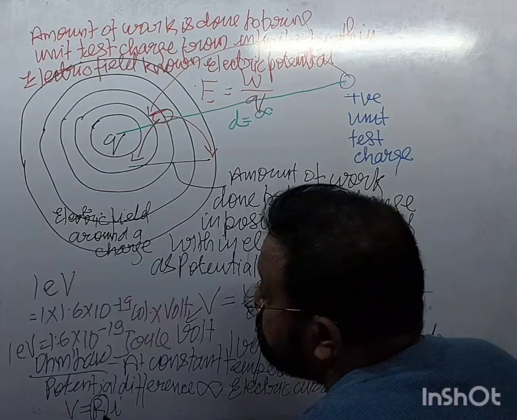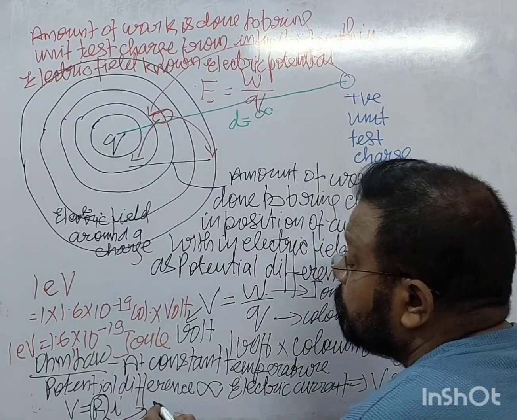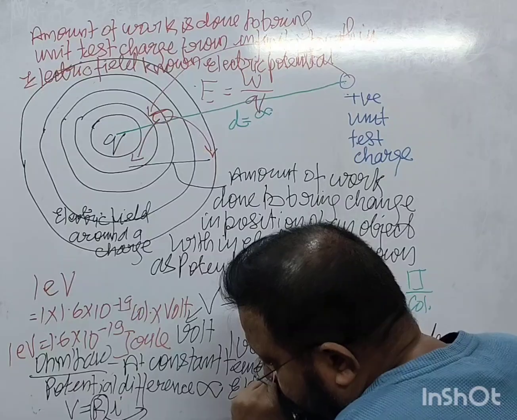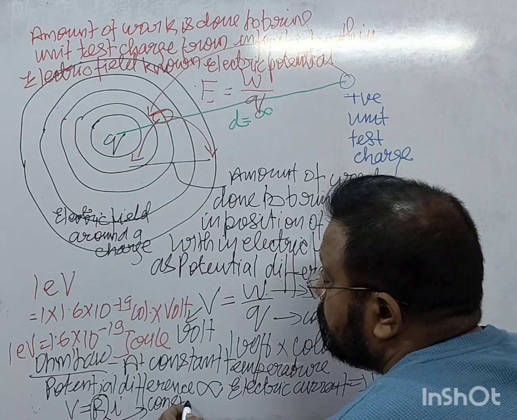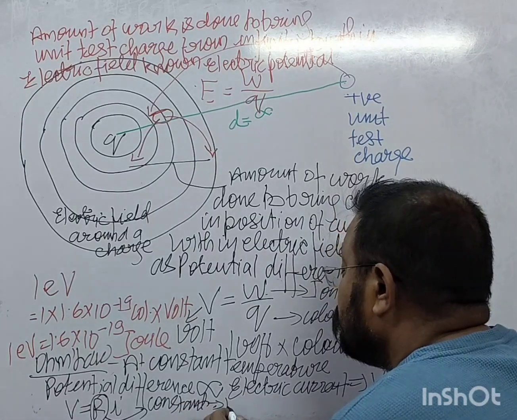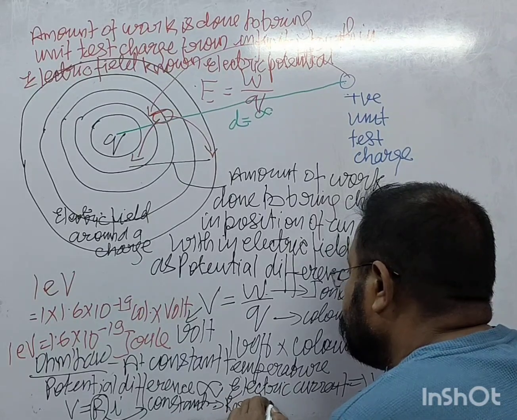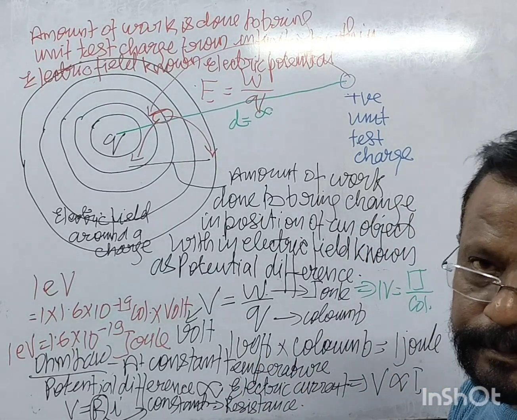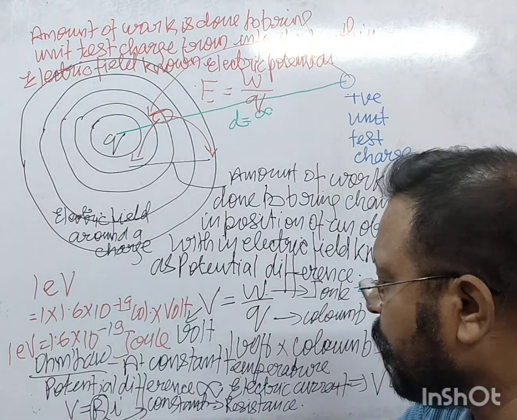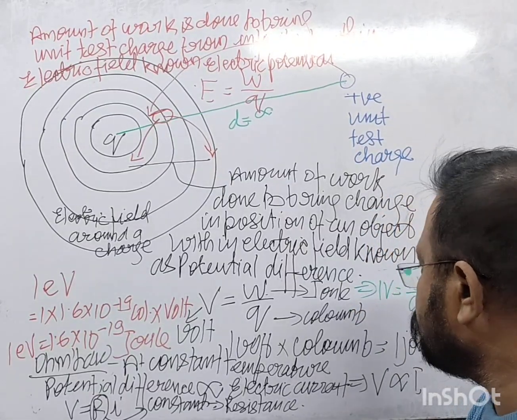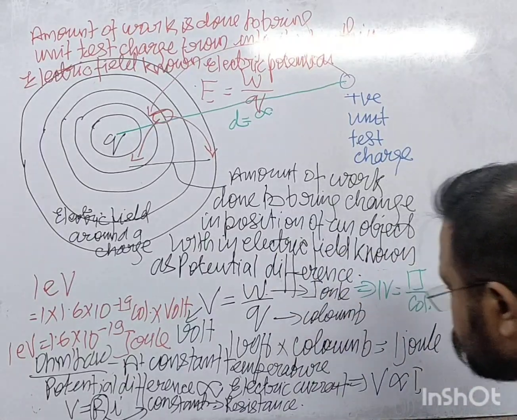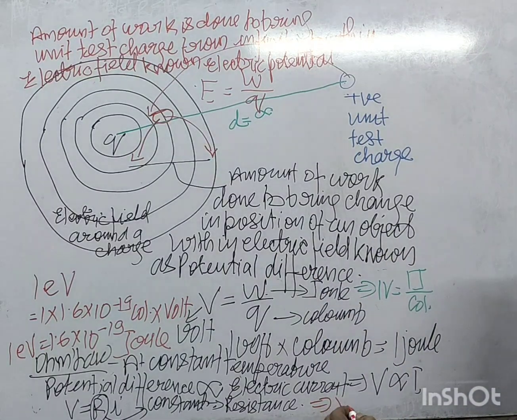This R is known as constant, which is resistance. So Ohm's law is basically V is equal to IR.